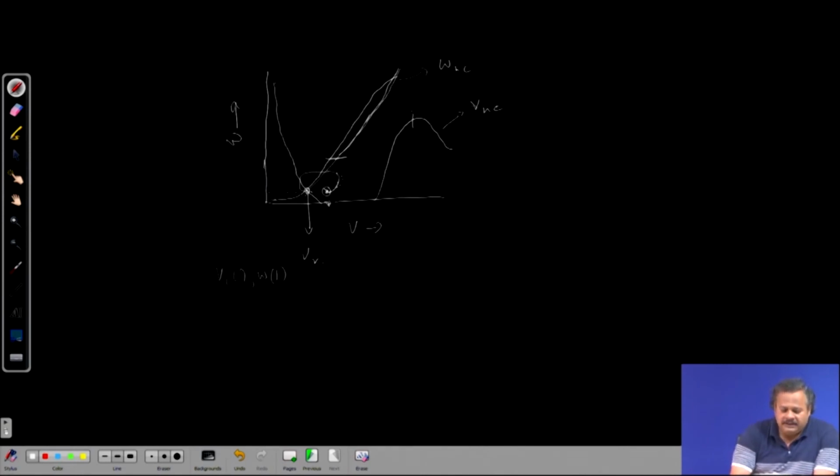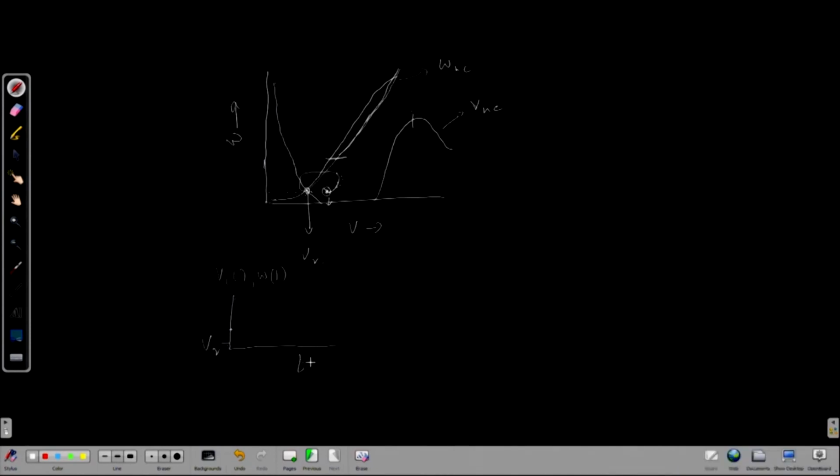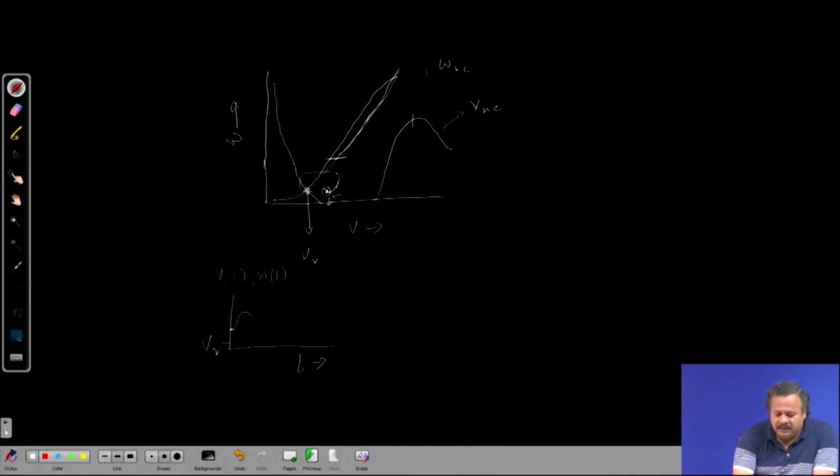There is a corresponding plot for just V and W over time. Let us say this is the initial V that we are starting from, this is our V rest, and this is time. The trajectory simply means that the voltage increases a little bit in this direction, as you can see up to here.